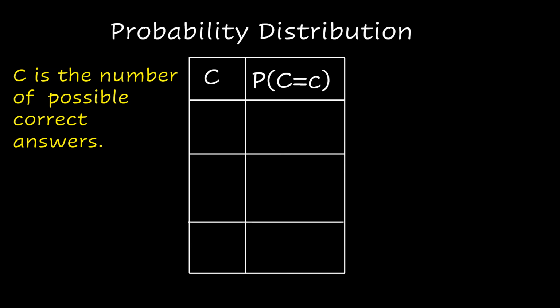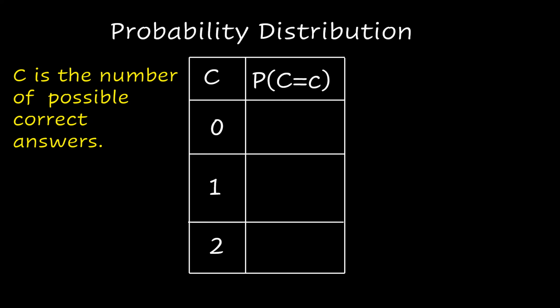And it can also happen if you are wrong in number one, but correct in number two. So you can have one correct answer. Is it possible for you to have two correct answers? That's also very possible if you are correct in number one and correct in number two. But you can also have zero correct answers. That will happen, of course, if you are wrong in number one and at the same time wrong in number two. So therefore, the values for the random variable C are 0, 1, and 2.